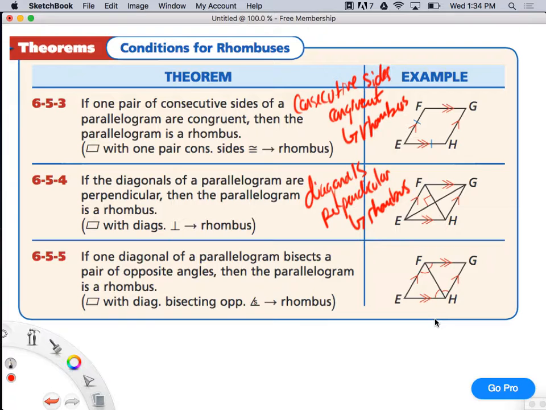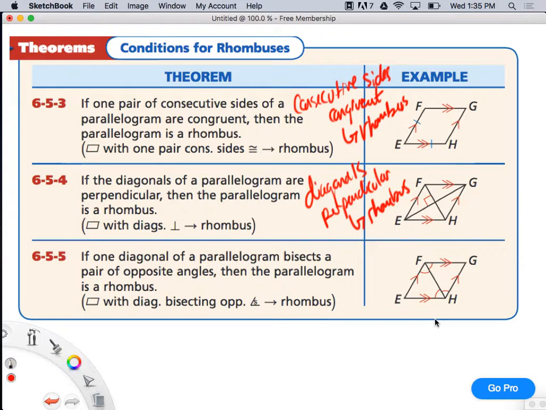Okay, so you see how much language that is? I almost got lost here, right? So we got to convert that. You see what I'm doing? I'm converting this language into something short that I can understand. What is it showing? What's this line from F to H? What's that called? Diagonal. What's it doing to these angles? Bisecting them.